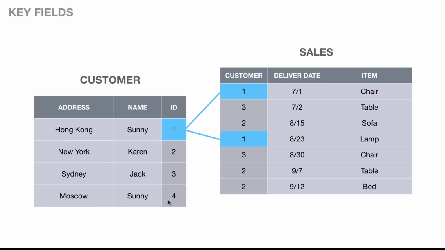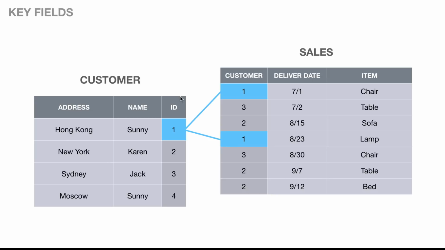Because the ID is always going to be unique, Sunny from Moscow will not affect the record I have of Sunny from Hong Kong. So you can see that using the ID, we are able to handle the two main problems of matching in a very elegant way. So that's the core concept of a relational database.